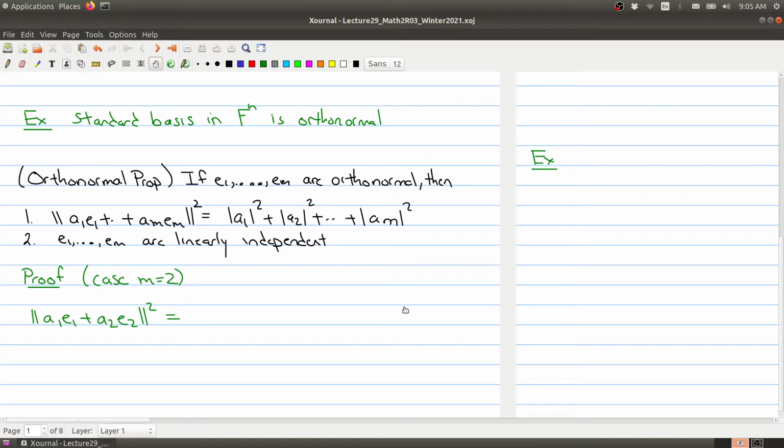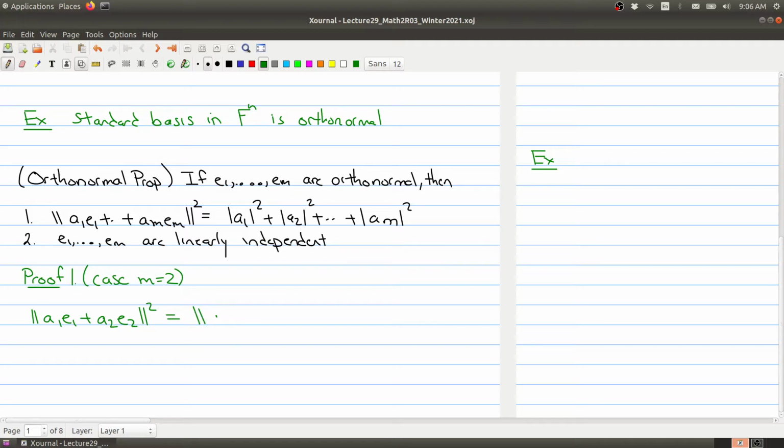For the first one, I'm just going to prove the case m equals 2. You can extend the proof more generally. Here we're looking at the norm of this vector squared, a sum of two vectors, and by definition e1 and e2 are orthogonal to each other.